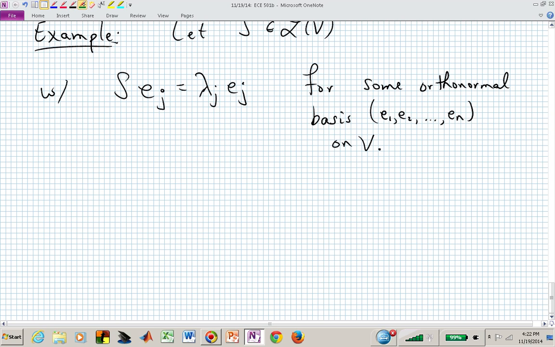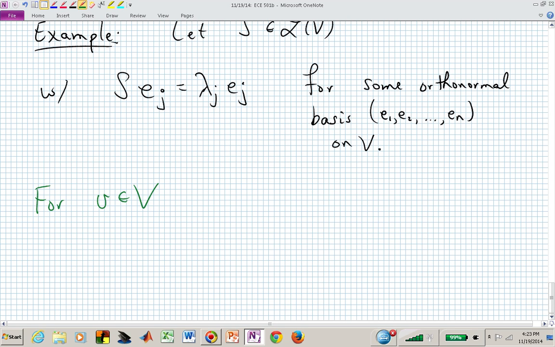If I now give you a generic vector, little v, in the vector space, I can decompose v as a linear combination of these basis vectors.